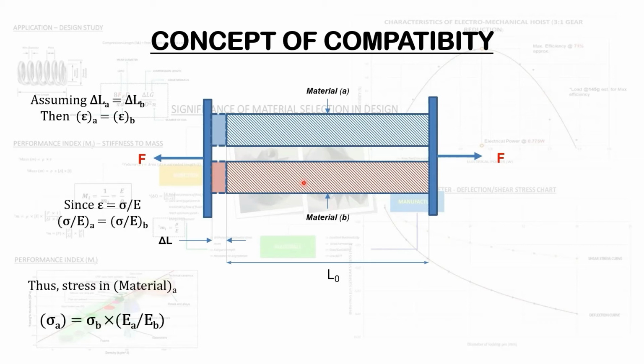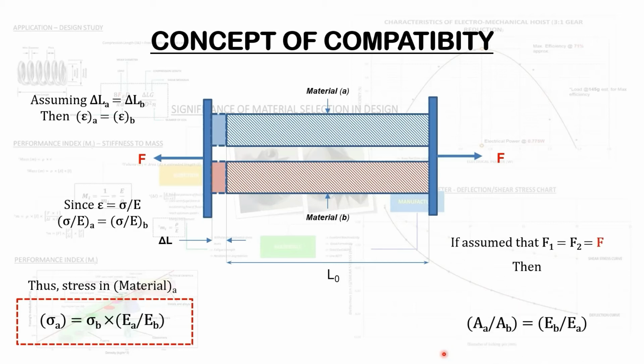So since we know from fundamentals, which we've done previously, that the strain is equal to the stress divided by the Young's modulus E, then this means that the ratio of the stress and the Young's modulus for material A will be the same as the ratio of the stress and the Young's modulus for material B. Thus, in calculating the stress in material A, the stress in material A will be equal to the stress in material B multiplied by the ratio of the Young's modulus for material A with respect to the Young's modulus for material B. So this enables us to establish this relationship here.